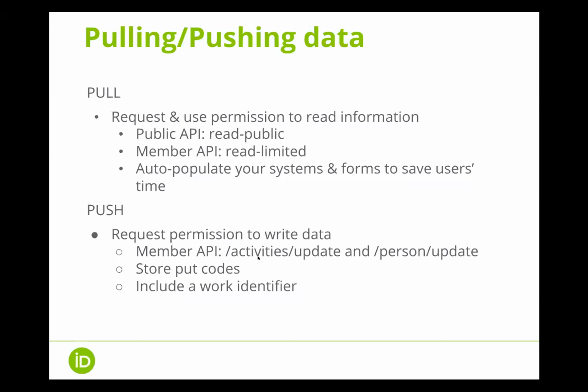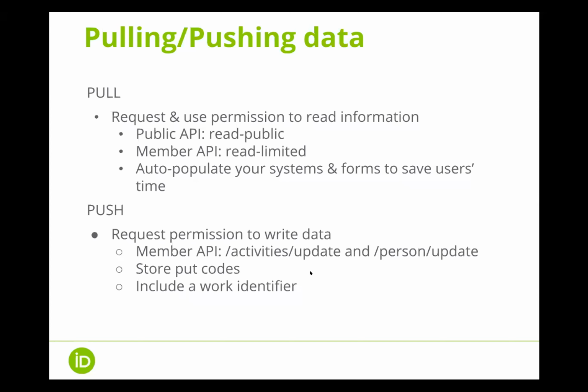It's possible to also add affiliation and other data. And you can also include person updates and collect permissions to update the biographical section of the ORCID record. For example, if you want to add a link to a website, if you want to push another identifier, keywords, and more.